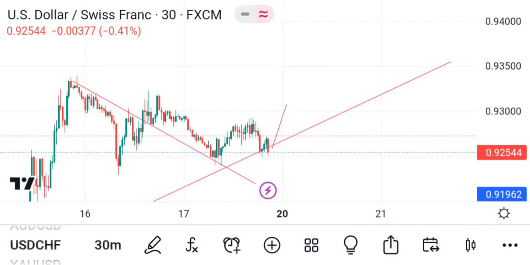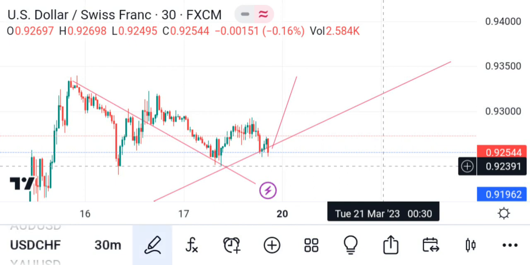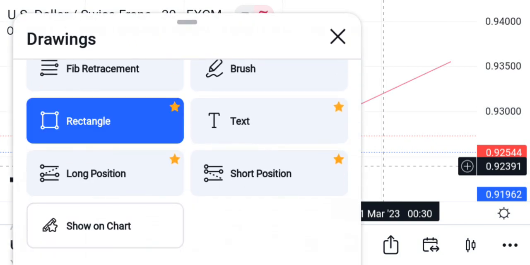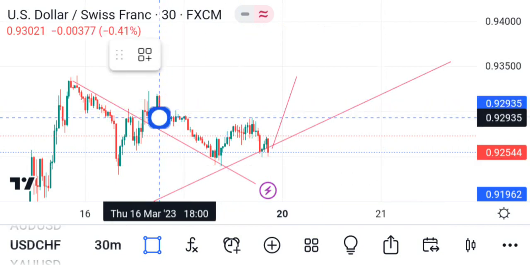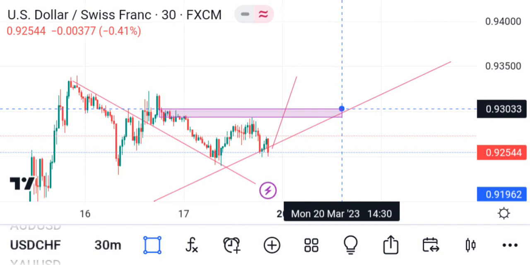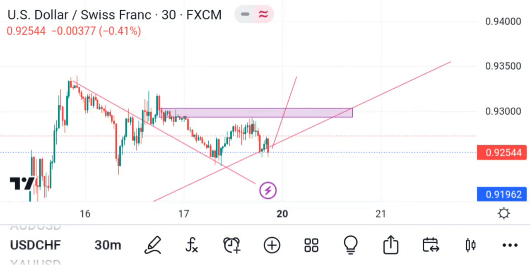And don't forget, we have something like this. Sorry, let me take it a little bit up. So we have something like this. I'm seeing something here, something here. There's going to be something like a breakout strategy here.